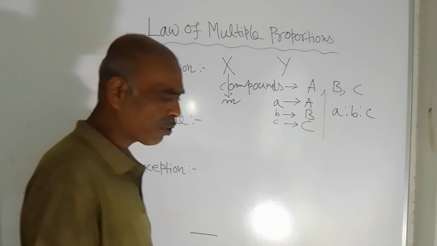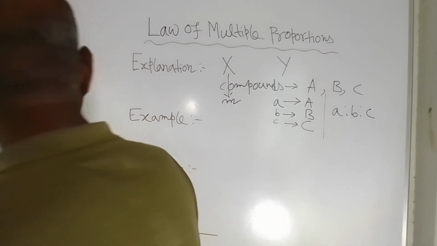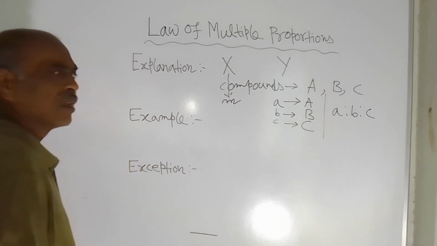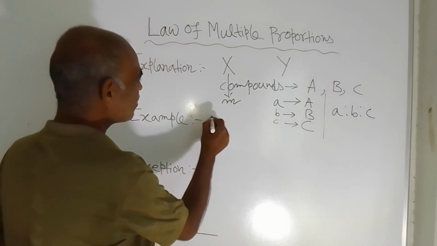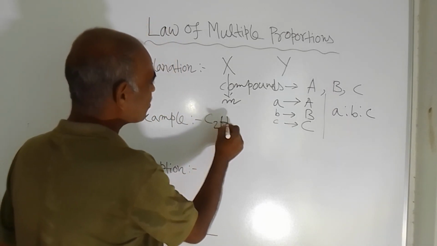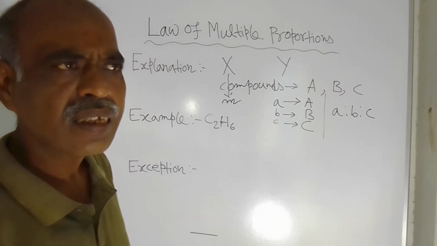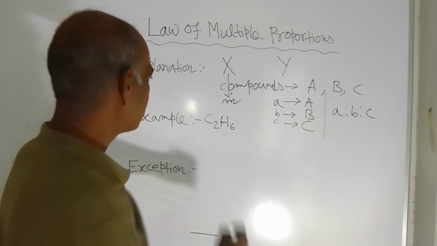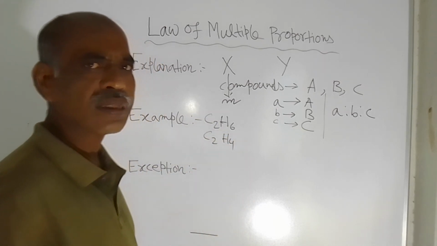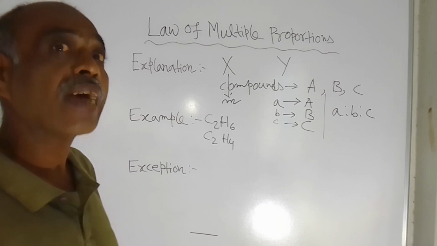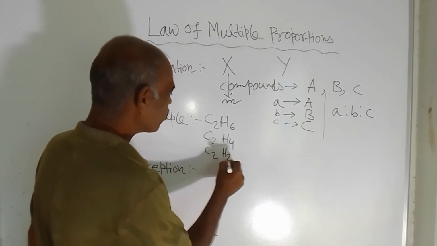So now we should talk about example, right? So example is what? You know ethane, it is denoted by C2H6. Then ethene is there, which is denoted by C2H4. Then ethyne or acetylene is there, which is denoted by C2H2.